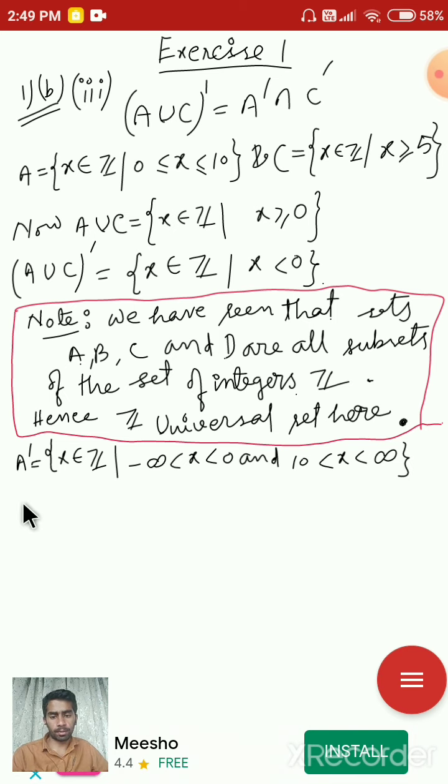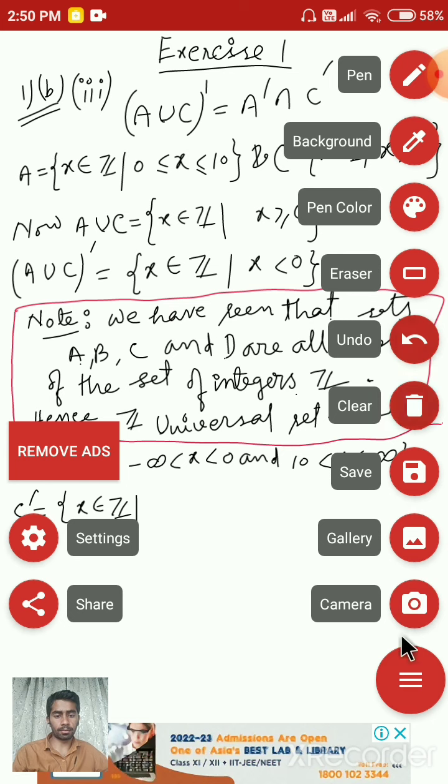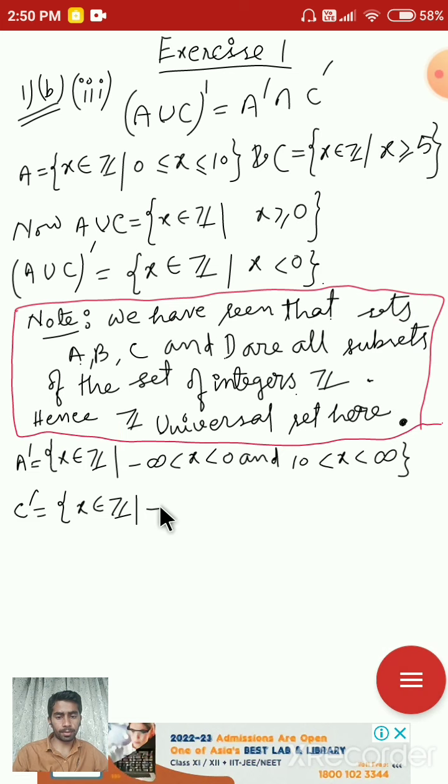And C complement has the integers x belongs to Z such that x is less than 5, that is we can say minus infinity less than x less than 5.